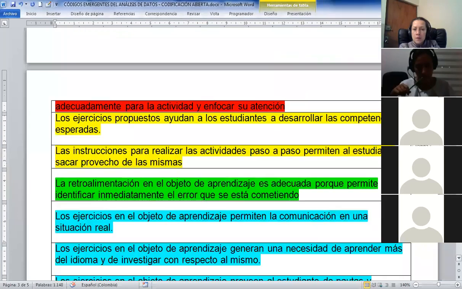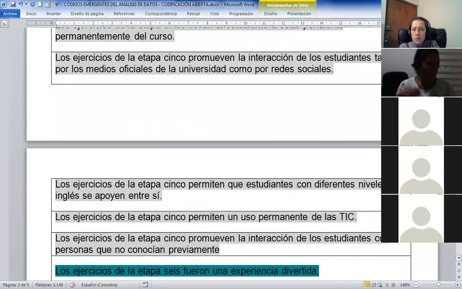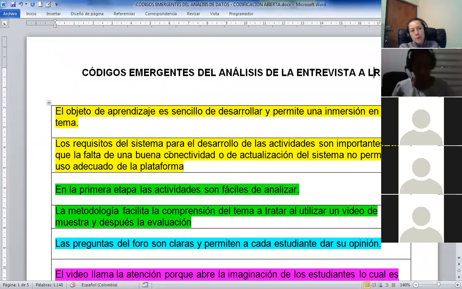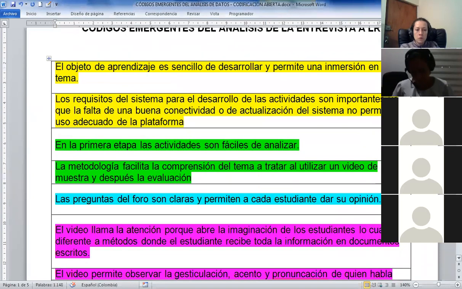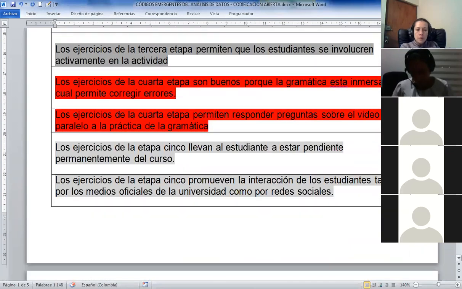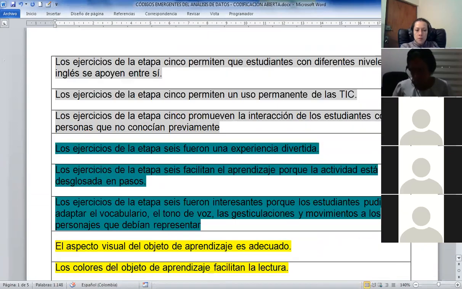And for the interview of LR, there is nothing about competencies. Most of the codes are about the exercises or the videos or the forum, but nothing about the competencies.